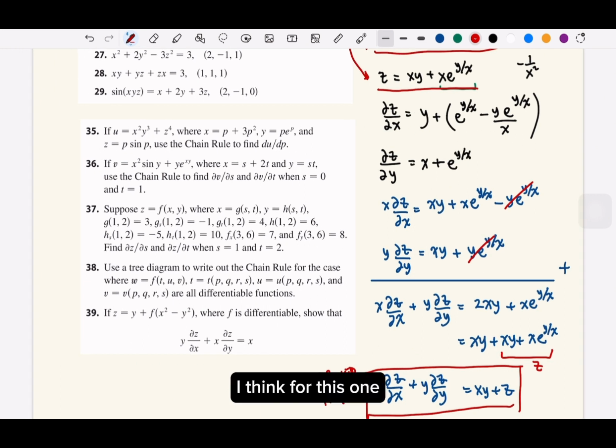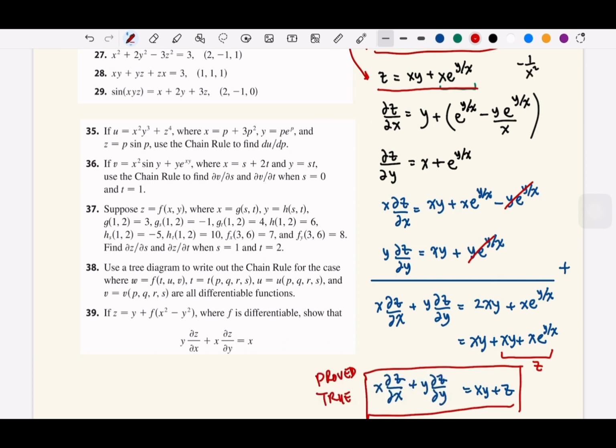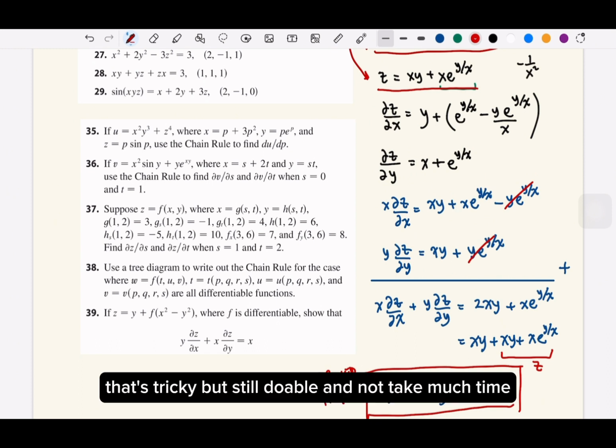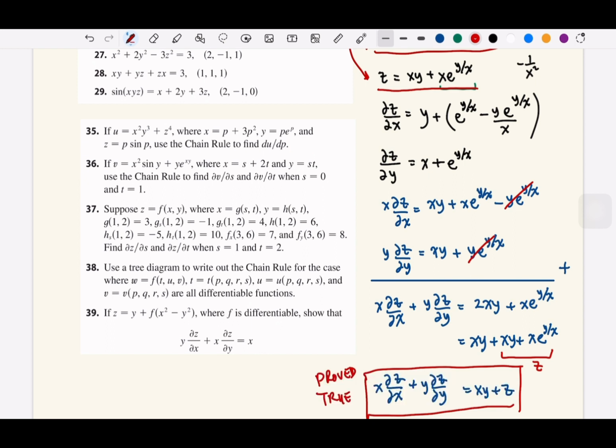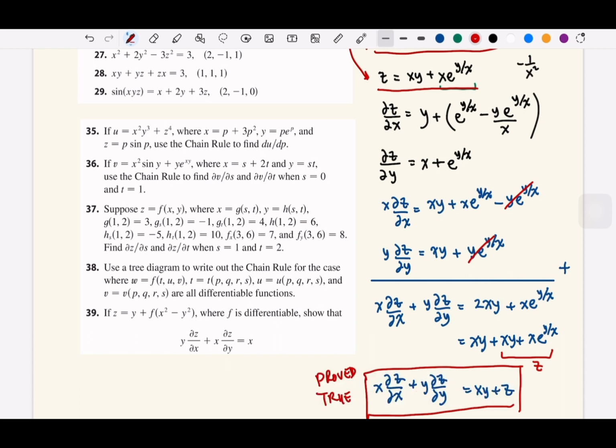I think for this one the complexity is on the function itself. Be careful on this y over x. It's a little bit tricky, but still doable and does not really take much time. I think the part you need to take care of is the partial part here.